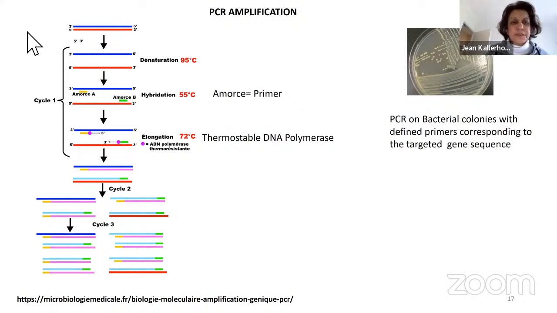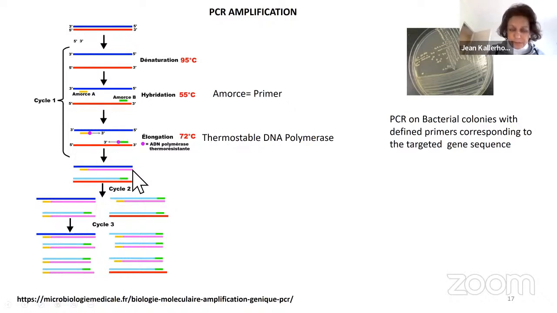So you have two primers, and these will be used to extend using the thermostable DNA polymerase, right? And therefore, this is how you result with two double-stranded DNA. So that was the first cycle. And then the second cycle, it starts all over again.